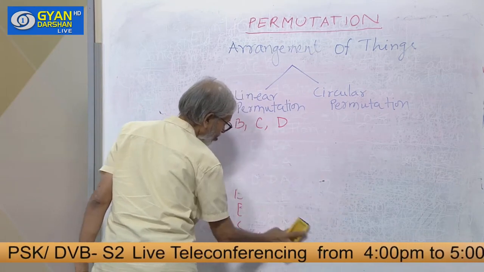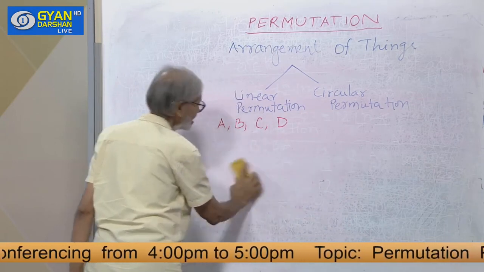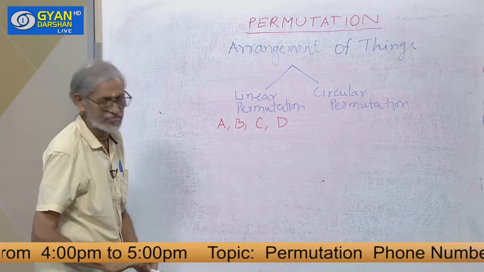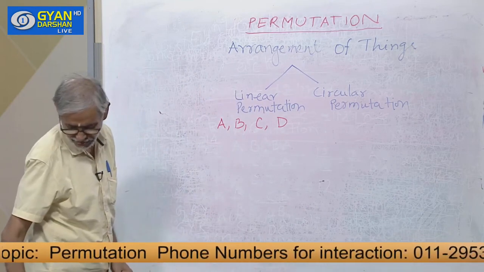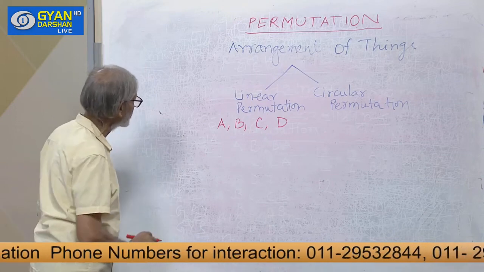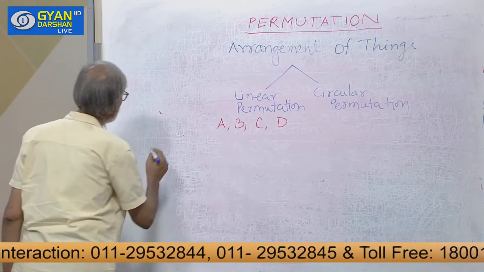Now, let us take three things at a time. Let us see by formula how many there will be.